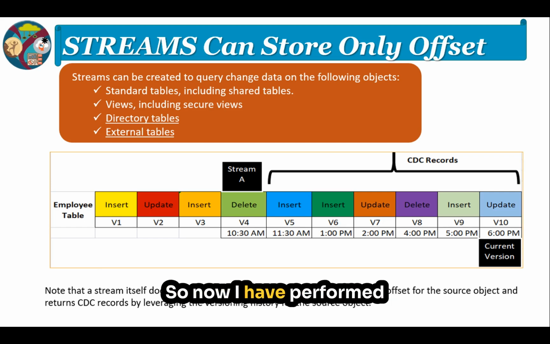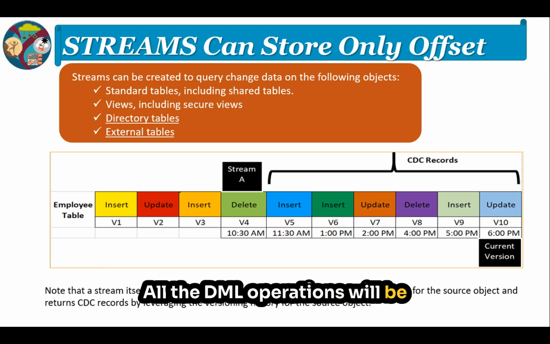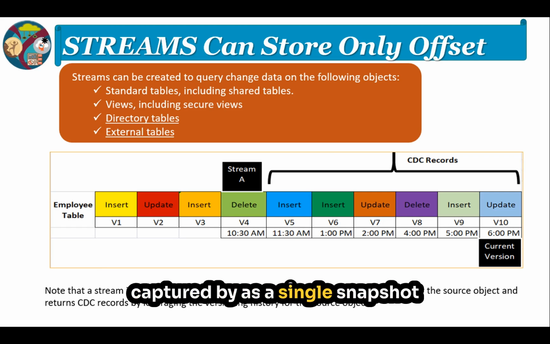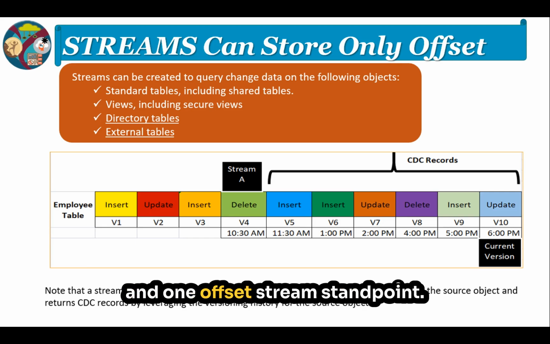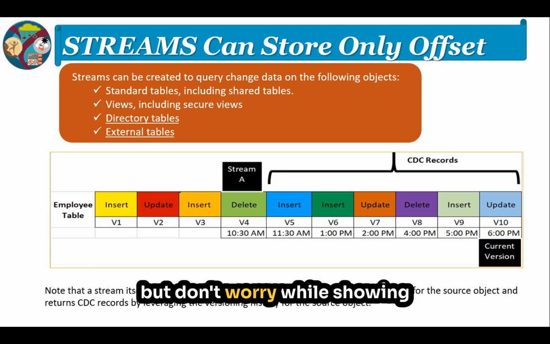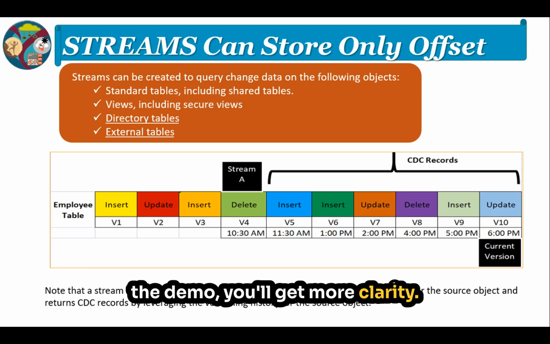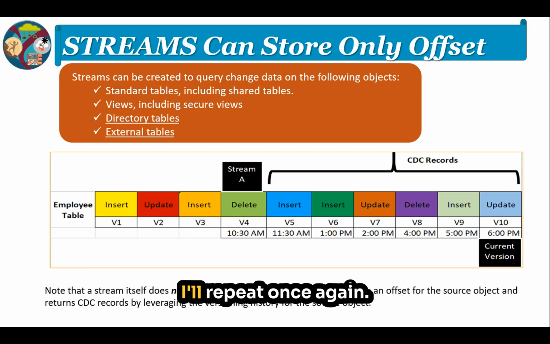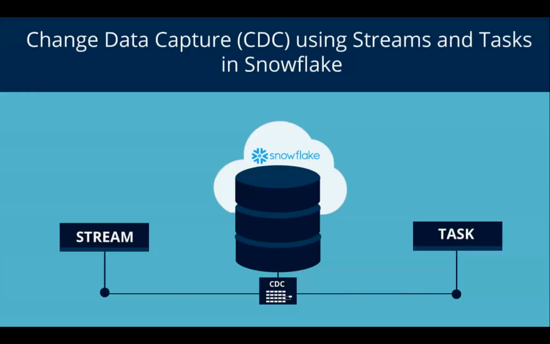So now I have performed multiple DML operations. All the DML operations will be captured as a single snapshot and one offset from the stream standpoint. This might be a little bit confusing, but don't worry. While showing the demo, you'll get more clarity. If it's still not clear, I'll repeat once again.